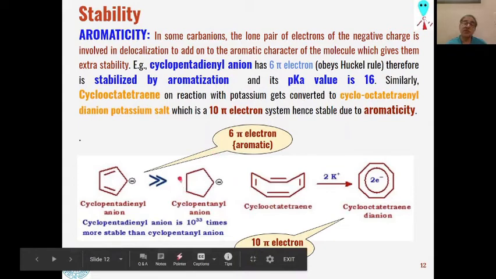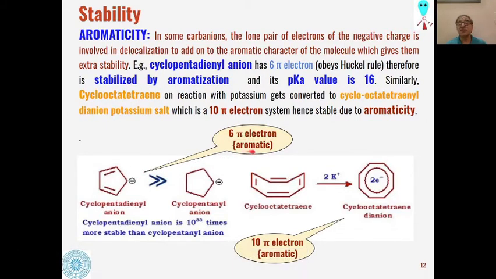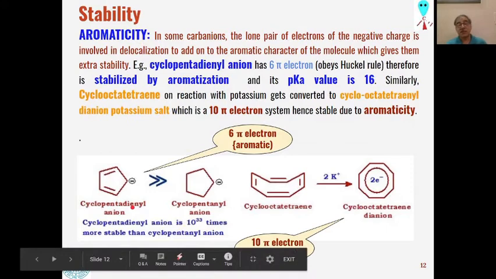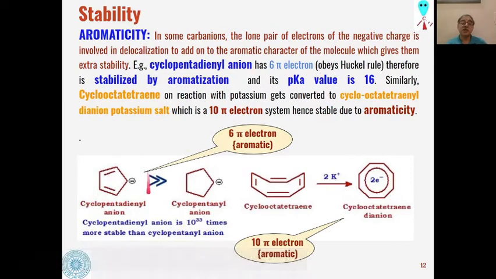Basically, the reason for this extra stability of this carbanion is the presence of 6 pi electrons, which gives it an aromatic character, and aromatic character leads to extra stability of that anion.